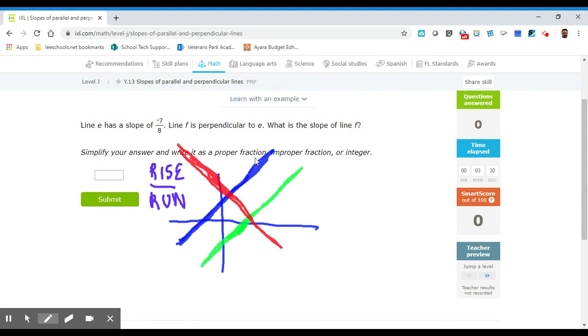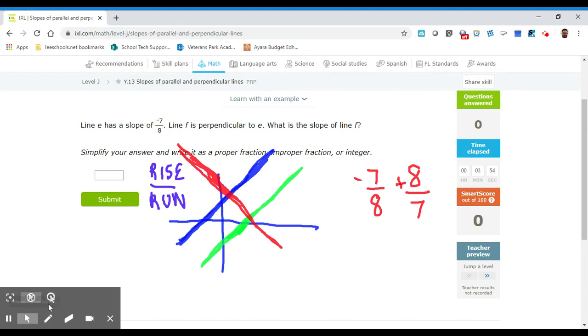So what we do if it's perpendicular is you take your slope and the first thing you do is you flip it. So you make it 8/7. And then instead of negative, you make it positive. If it was positive, it would become negative. So your answer is +8/7. Type that in, 8/7.